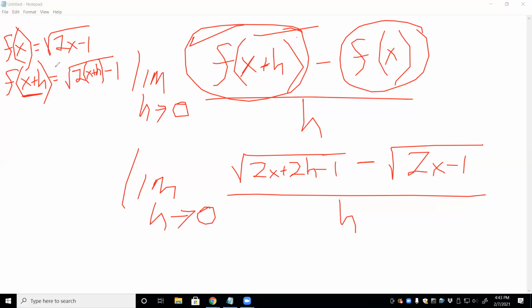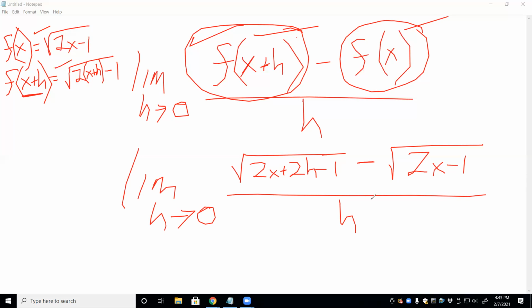The next step is to figure out what f of x is, which was given. Then we just substitute, and we have a limit problem with radicals in it. As you correctly surmised, the way we get rid of those radicals is to multiply by the conjugate.